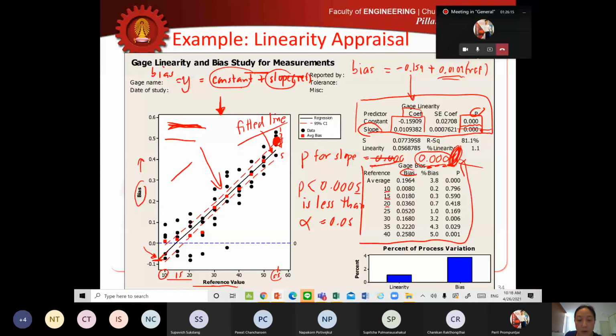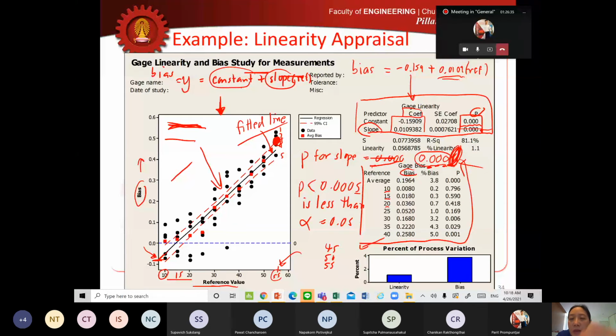Actually, we have data points up to 55, right? But because of limited space here, it can show only from 10 to 40. And then it reports the bias for each reference value.